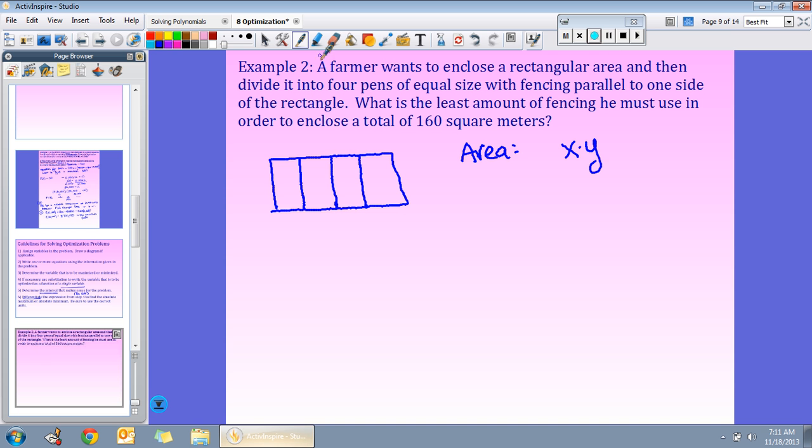Actually, let's not write that equation just yet. Let's make our diagram first. Okay, so if we have this pen set up, we need to be able to label our variables. I'm going to label this side x, and then for the length, instead of just labeling it y, we have 4 equal parts.